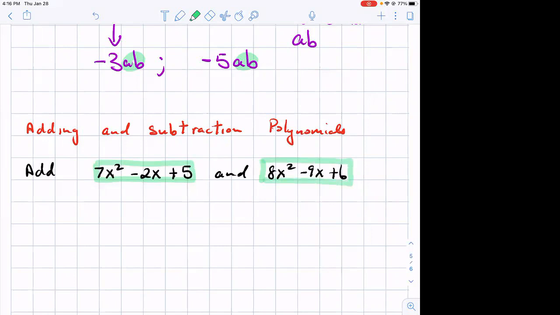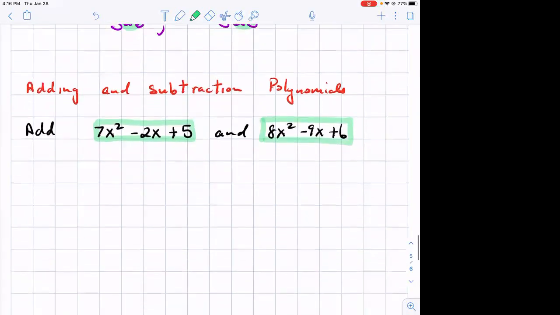Now, there's a couple of ways to do this, okay? And I will do it in what is called the horizontal way. Some of you may have learned how to stack them up, the vertical or the column way, okay?